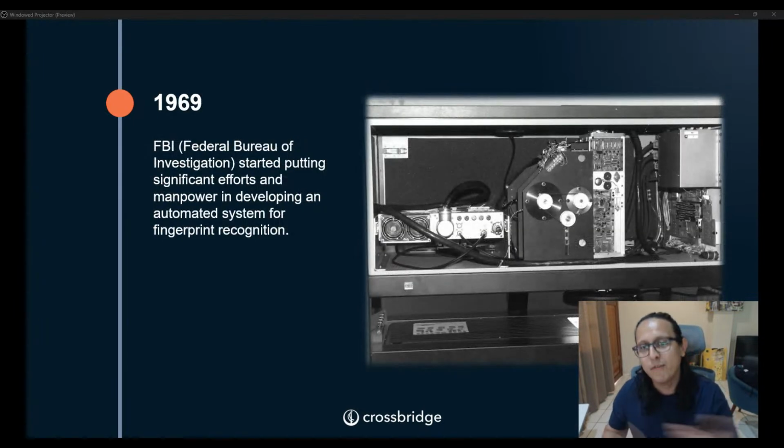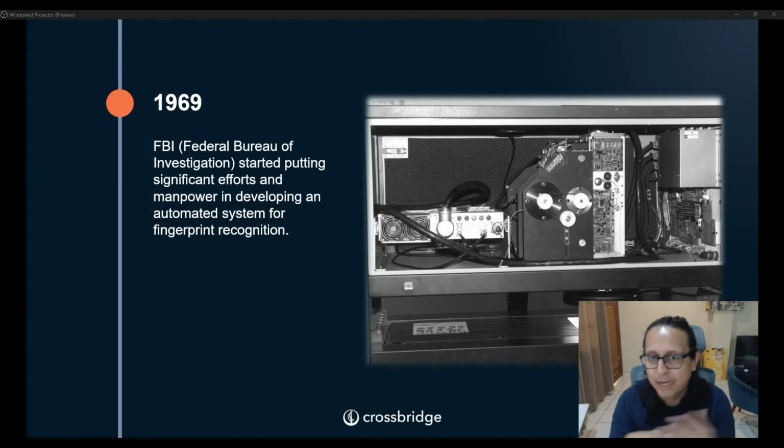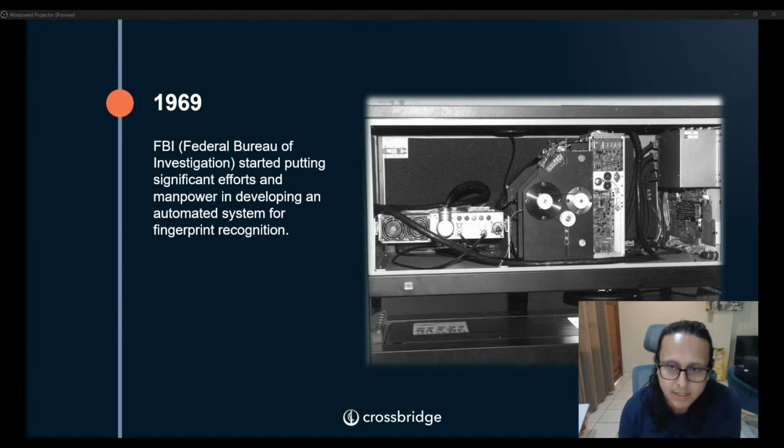So moving forward, in 1969 the FBI, responsible for biometrics in today's use, started pushing to create something automatic, something that doesn't rely on human time to verify that that fingerprint is from that criminal.